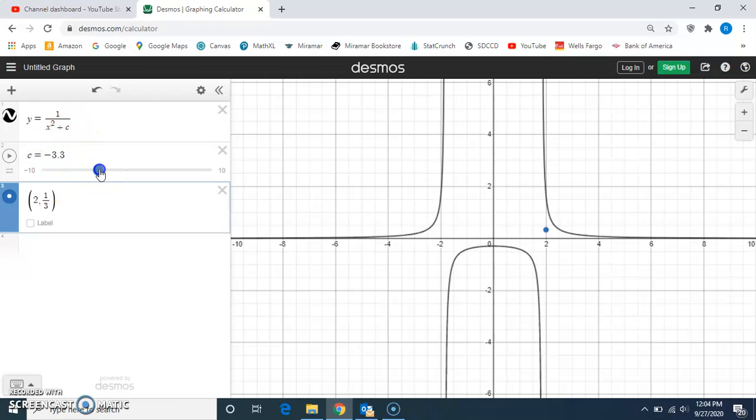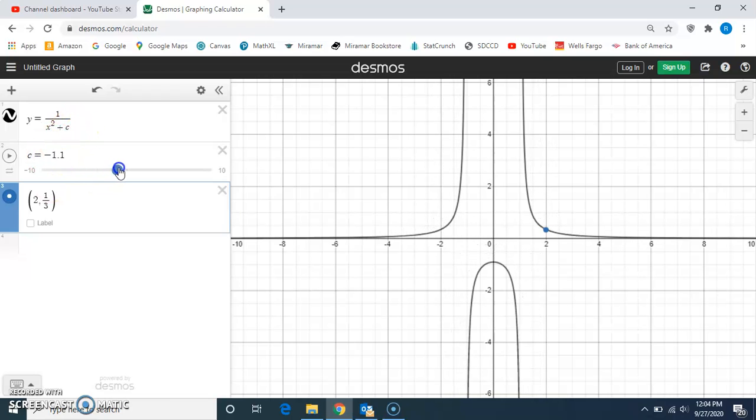So when c is -1, it passes right through that point. And so we put -1 in for the c, and that was that.